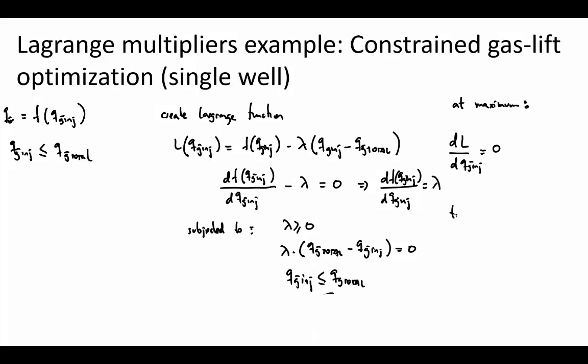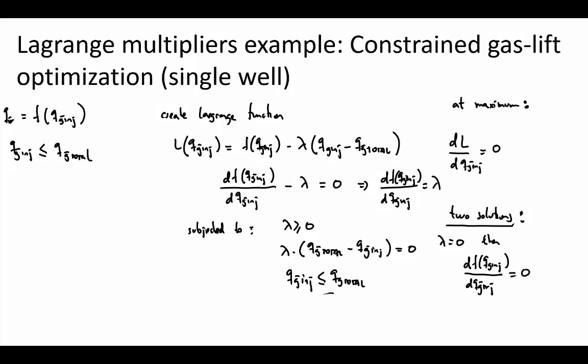So we have essentially two choices, two solutions. One of them is that if lambda is equal to 0, then the derivative is equal to 0.